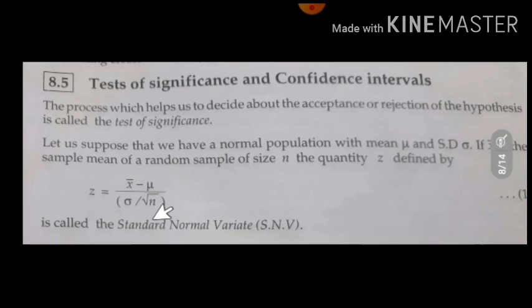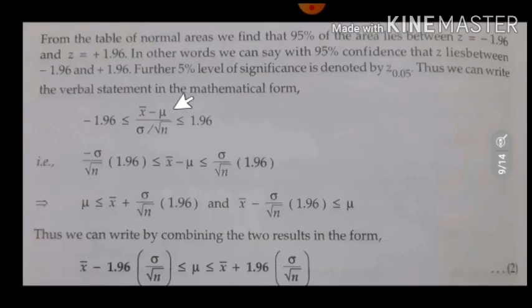Okay. Coming to the confidence interval, from the table of normal areas, we find that 95% of the area is confident that the values of z, the standardized value, will be from minus 1.96 to plus 1.96. So we say with 95% confidence that z lies between these two values.